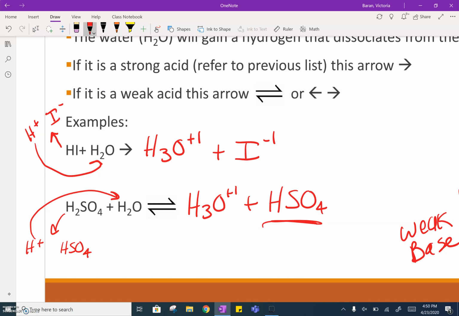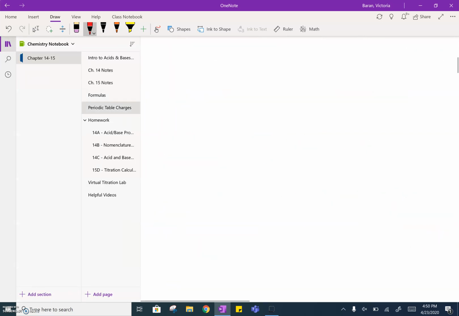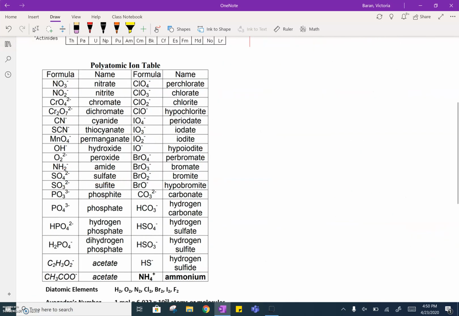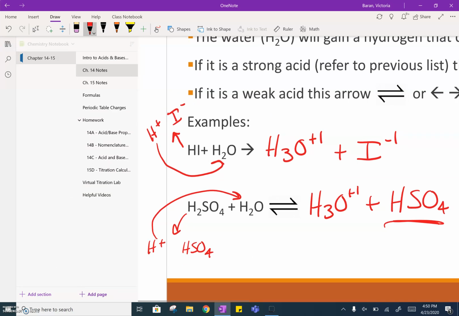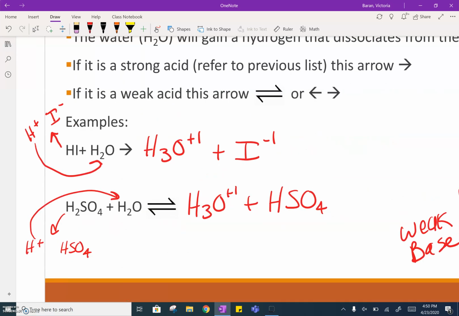Now this might look a little weird, but if you go to your chart here, you can actually find HSO4. That is an example of a polyatomic ion. So HSO4, and that has a charge of -1.